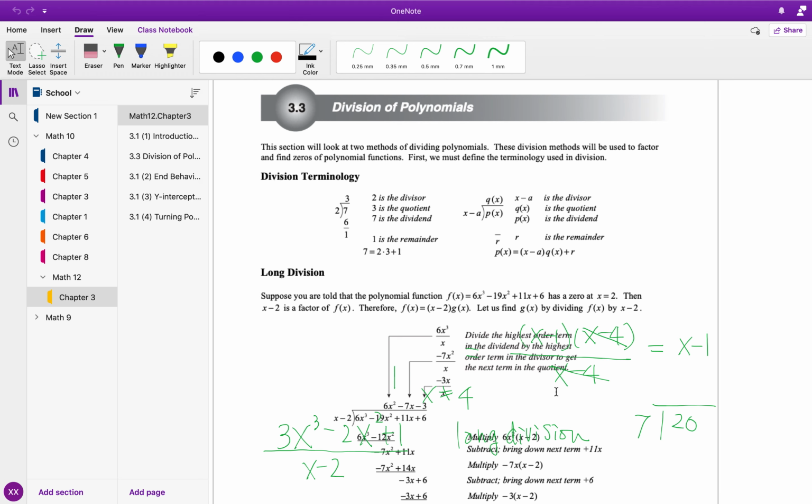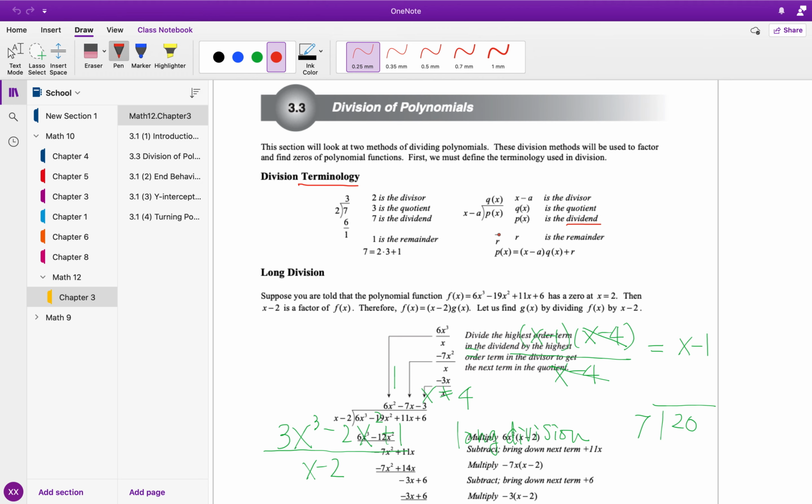Okay, I only need you to pay attention to the terminology, the division terminology. If something is divided by something, then the first something is called the dividend. And this divided by this, the second, is called the divisor. And then the result becomes the quotient.